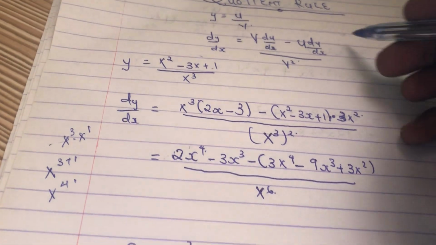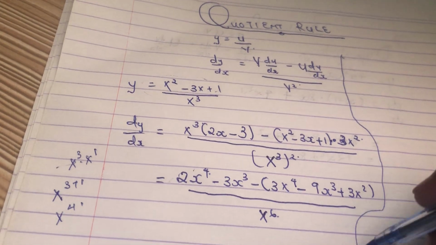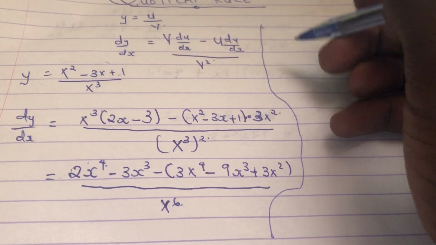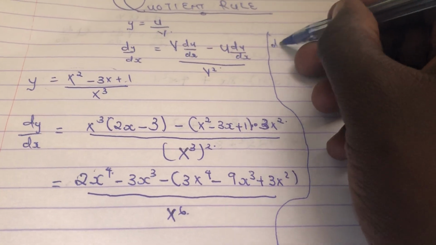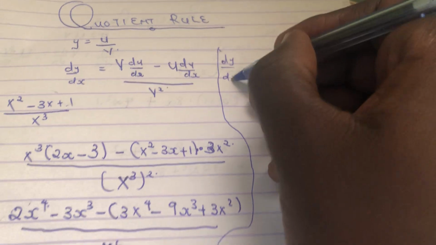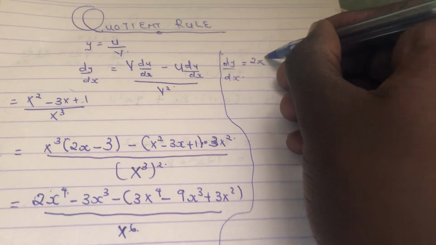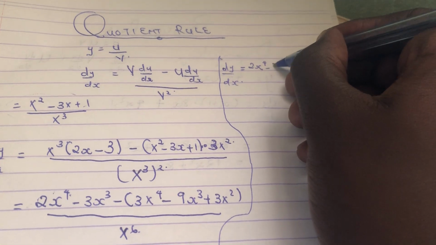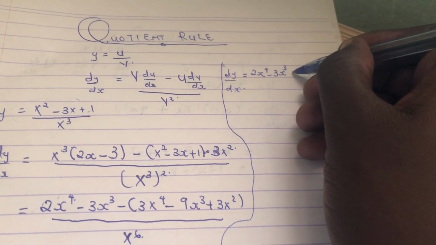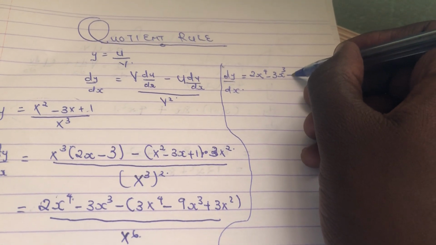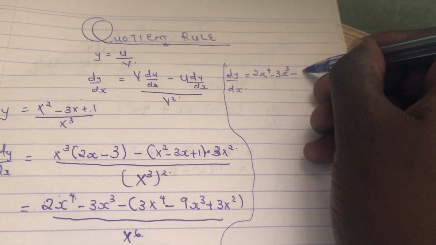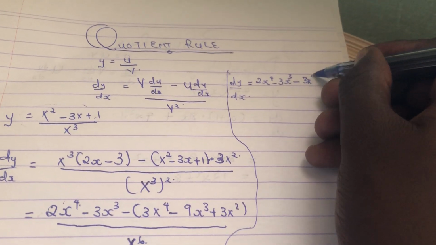Are we together? So let me continue from here. When we open the brackets, our dy/dx will leave us with 2x to the power 4 minus 3x to the power 3 minus, so you open the brackets, this negative, when it enters, it becomes minus 3x to the power 4.